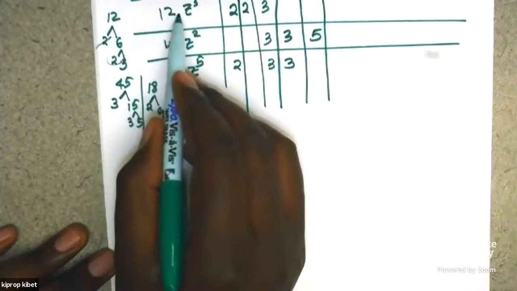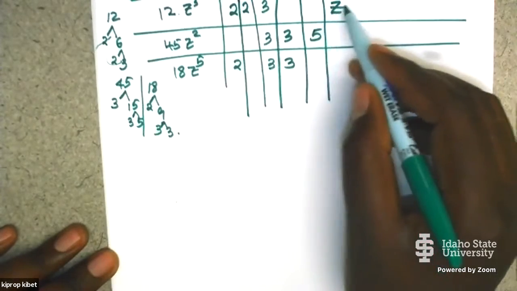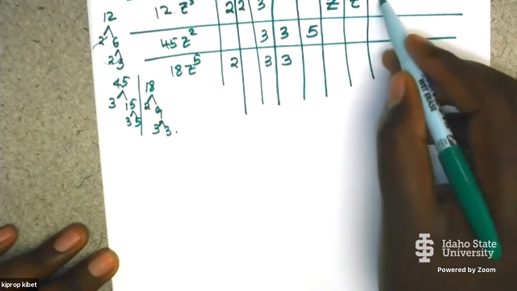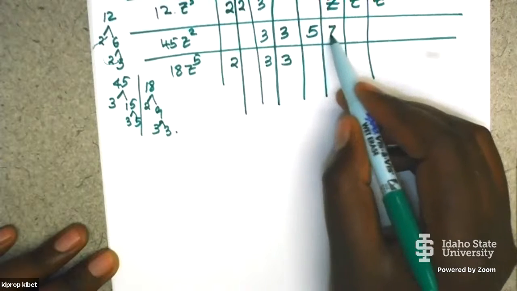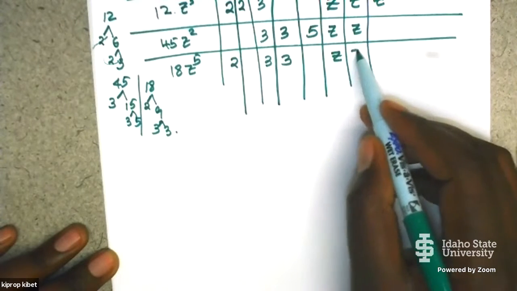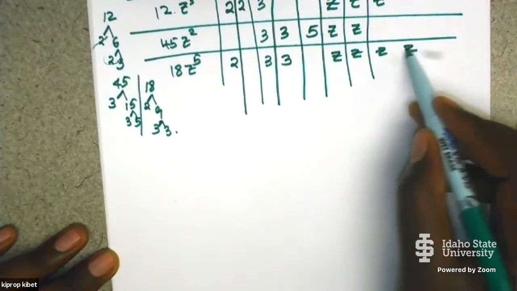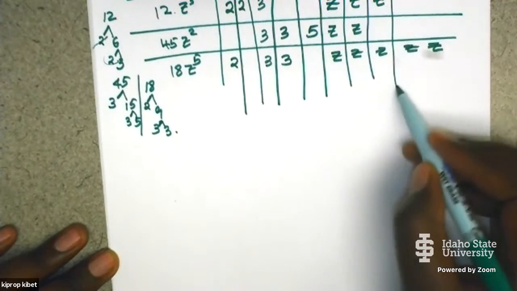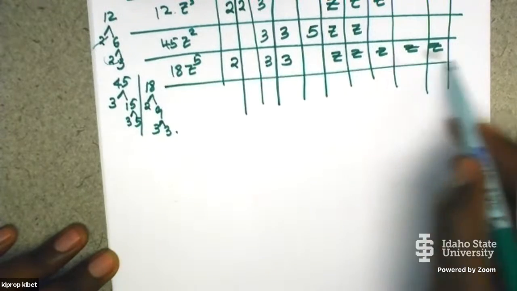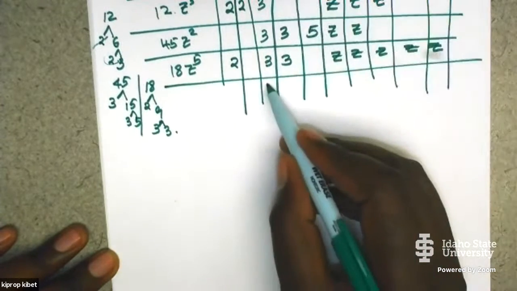So what remains are the Z now. We have 3 of them here, 2 here, and then we have 5 of them here. So we bring down the common one, which is 3.